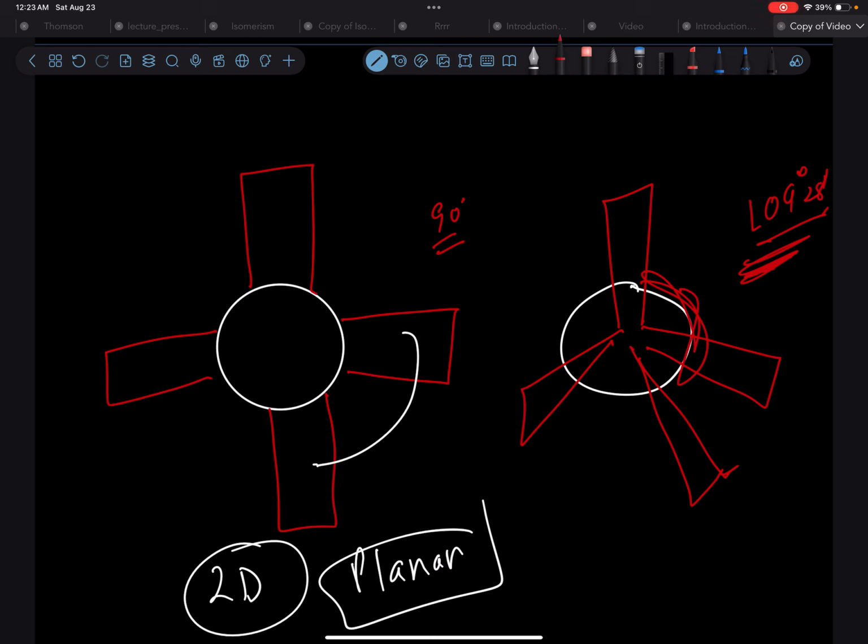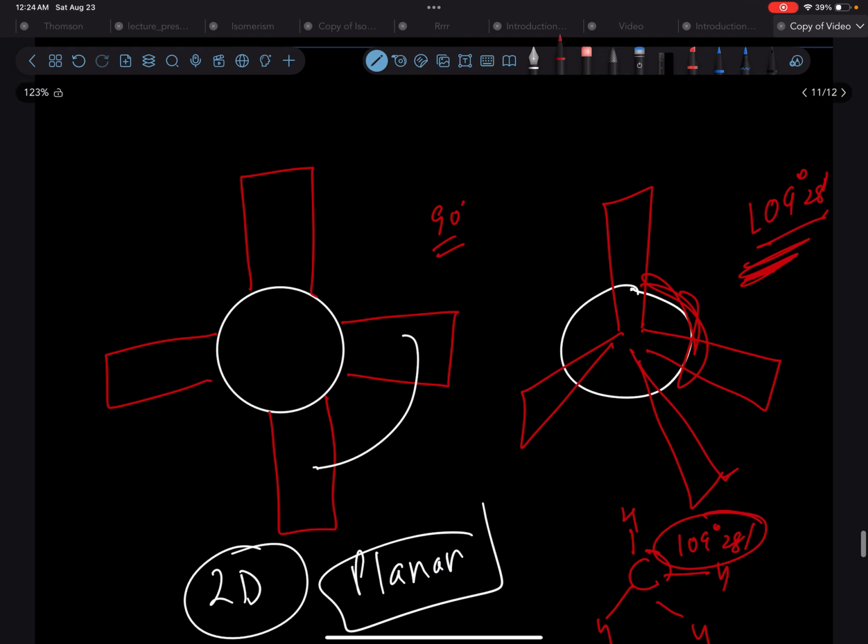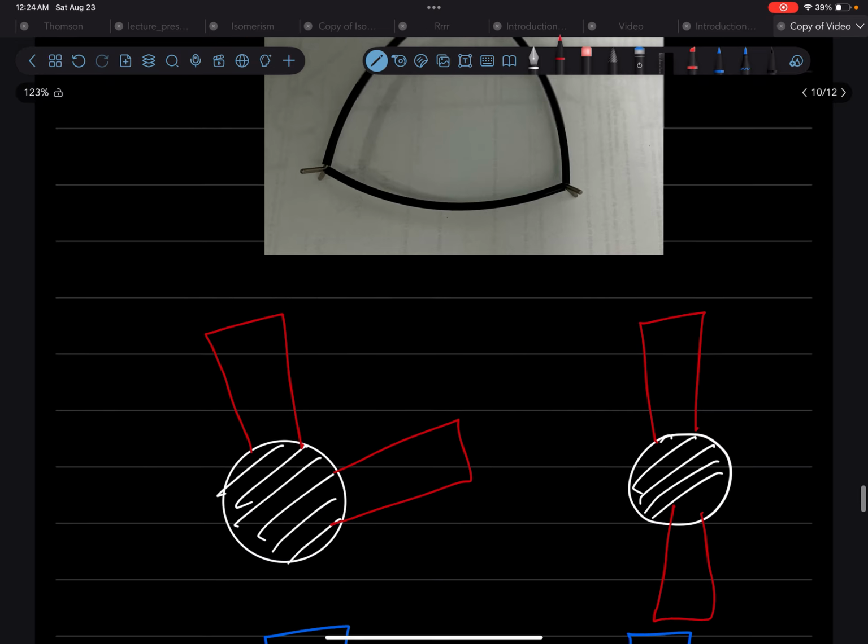So when you have a carbon and four hydrogens around it, the ideal angle between HCH is 109 degree 28 minutes, and any angle lesser than this would be the cause of strain in the molecule.